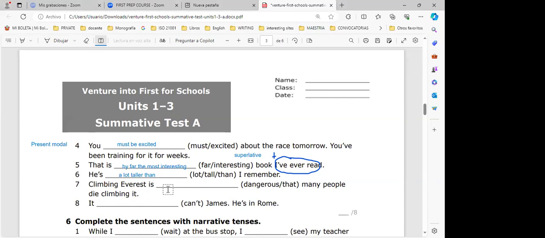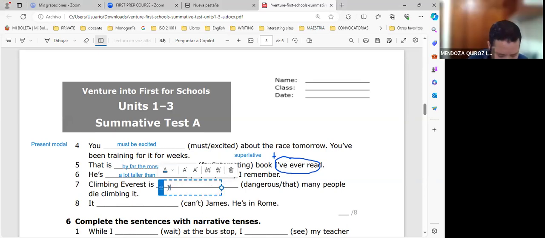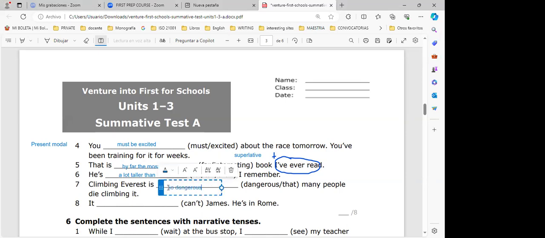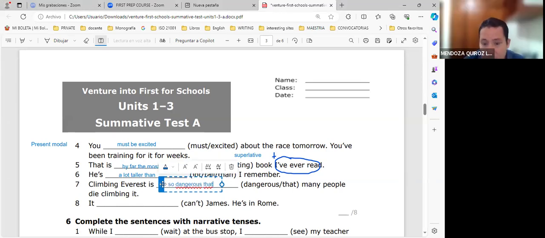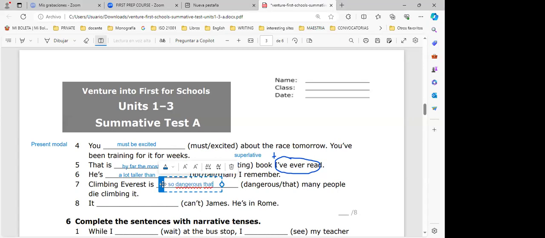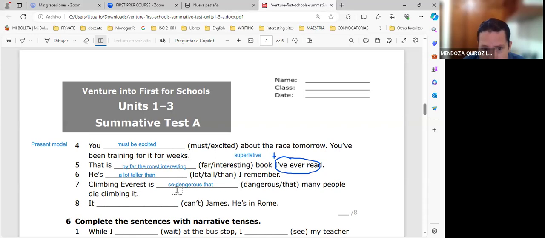Climbing Everest is so dangerous that many people die climbing. Nice. In this case, I'm giving you an adjective only, so you use so.